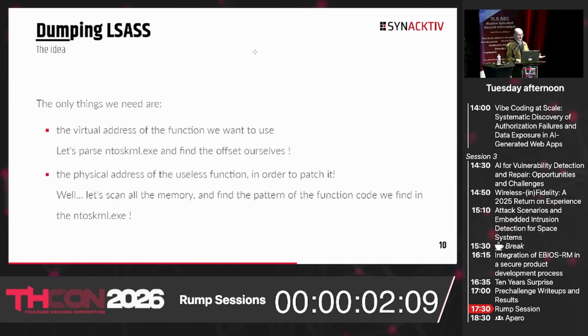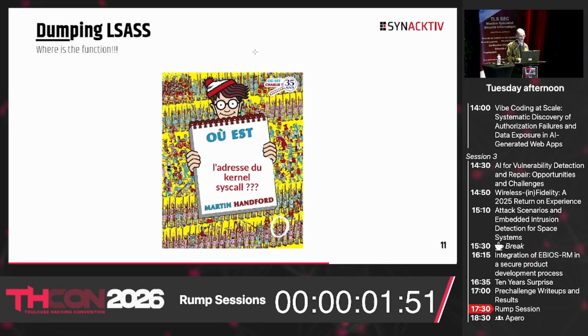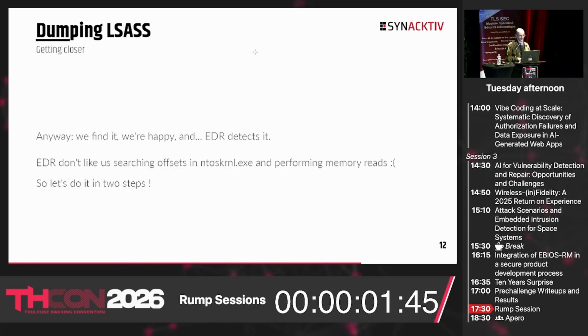So we only need the virtual address of the function we want to use, so we can parse the binary of the kernel and find the offset ourselves, and find the physical address of the useless function and patch it. We just scan the physical memory and write to the right address. This is basically finding a needle in a haystack.